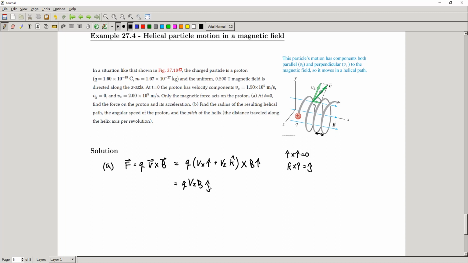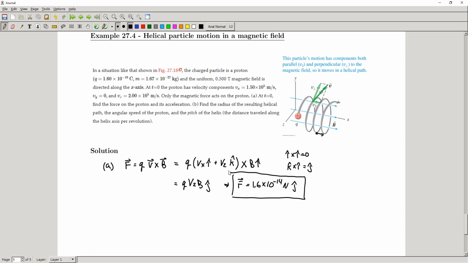We just have to substitute in these values: Vz here, B here, and Q over here. If you substitute in those values, I won't rewrite it here, but you end up with a force equal to 1.6 times 10 to the minus 14 newtons in the j hat direction. Okay, so that's the force that we end up with.